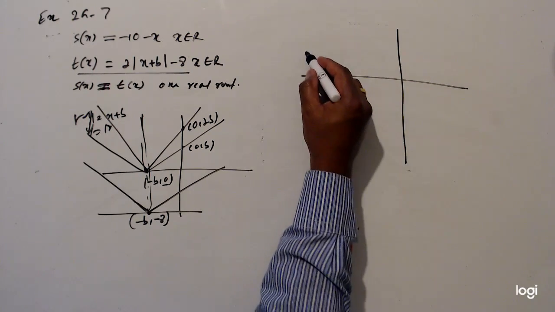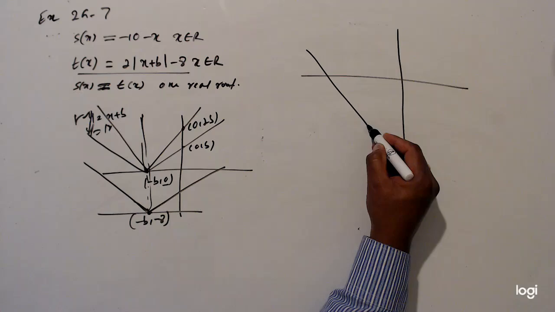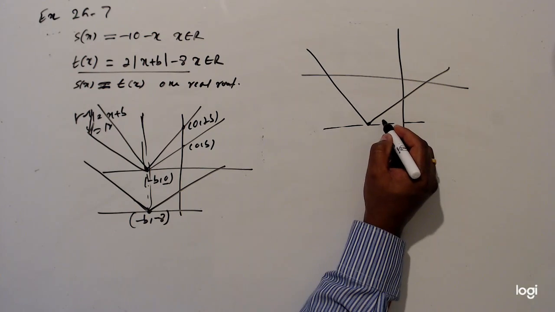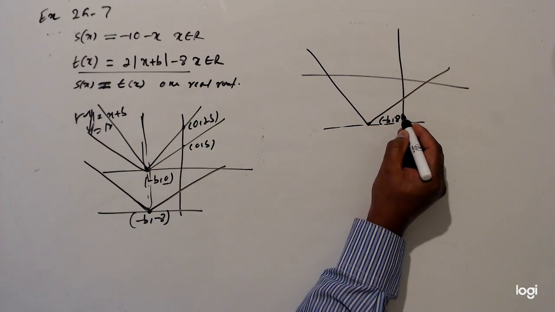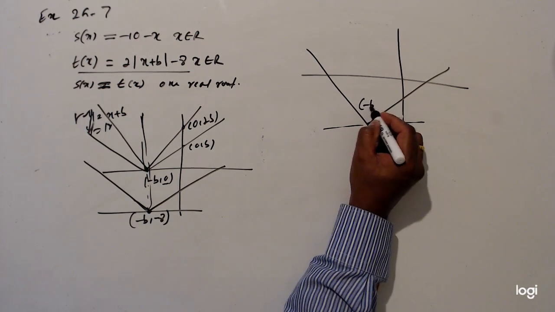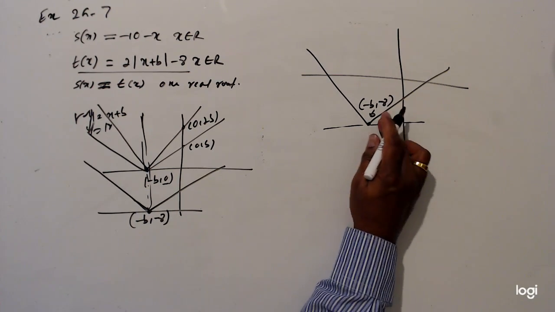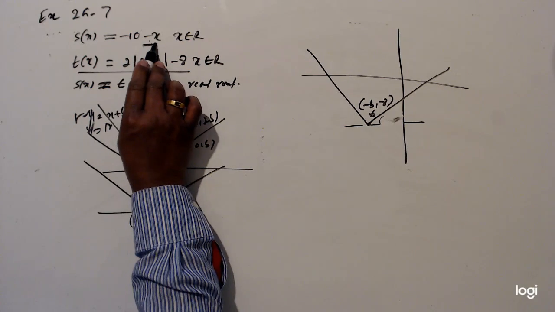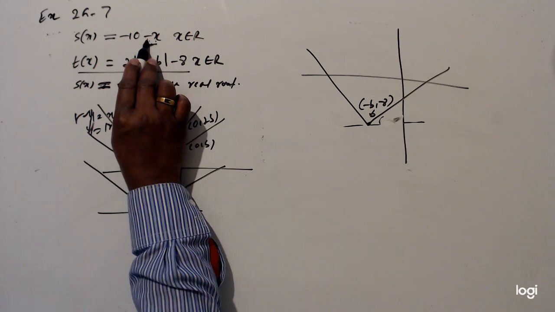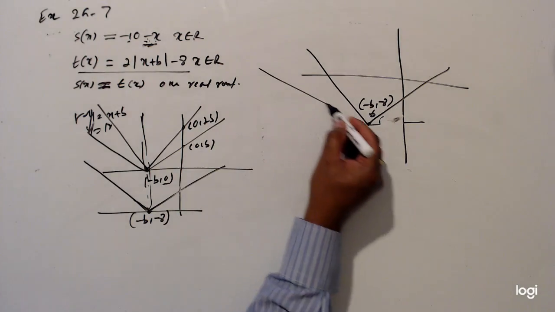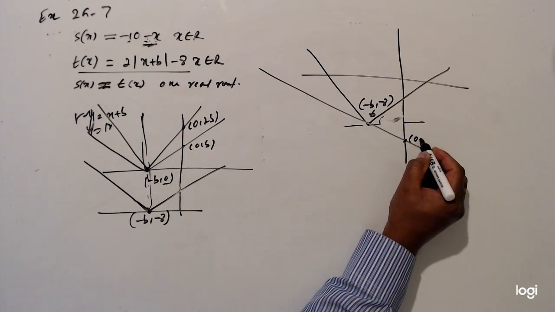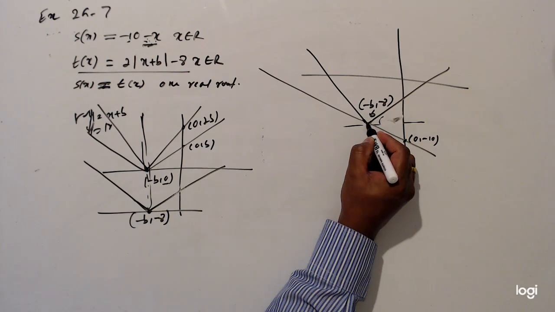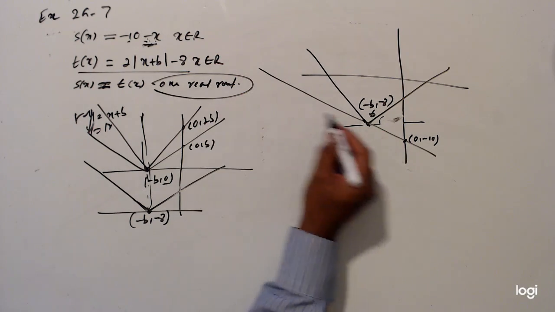So the graph is going to be something like this. This point is (minus b, minus 8). And this is y with negative gradient, minus x, and minus 10. So (0, minus 10). It's going through this point because it has one real root.